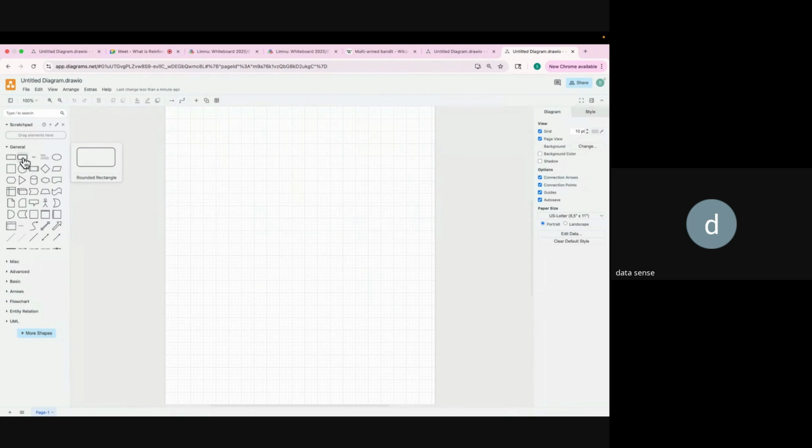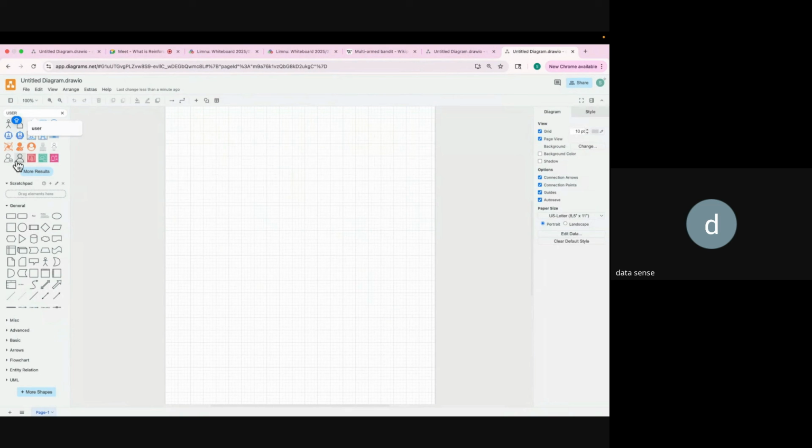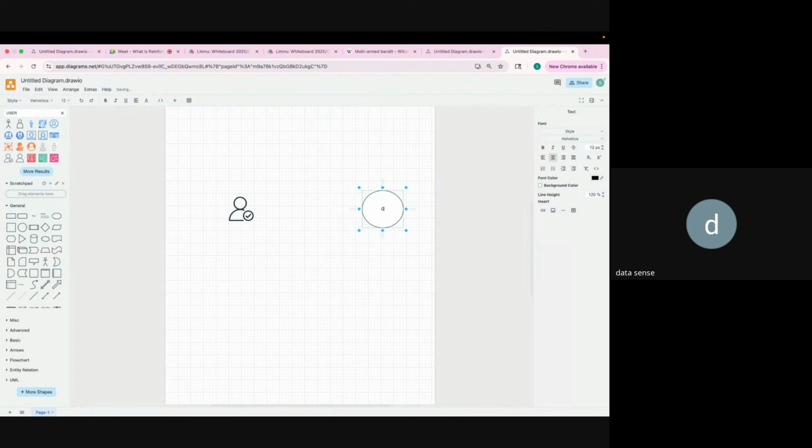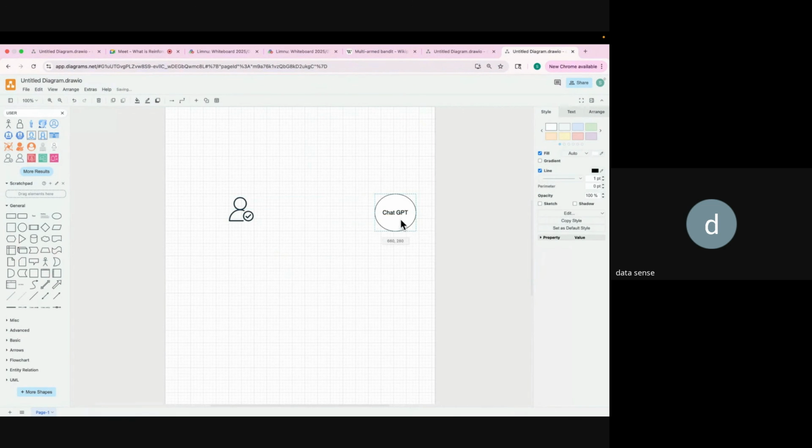Let's say there's a user who uses ChatGPT and has to generate some article. Let's say this is ChatGPT. I'm using the ChatGPT example because everyone can relate to it, but there can be a lot of examples. If you search around, there are unlimited examples.